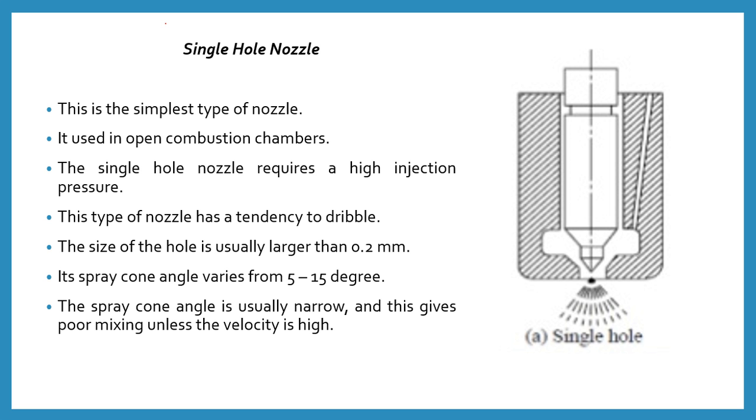So the single hole nozzle is a basic type of nozzle with a single hole larger than 0.2 millimeter, and when the fuel is sprayed from it, it makes an angle known as the spray cone angle.